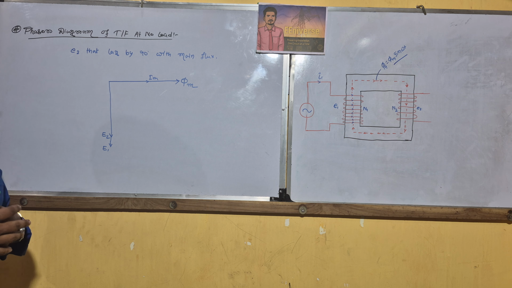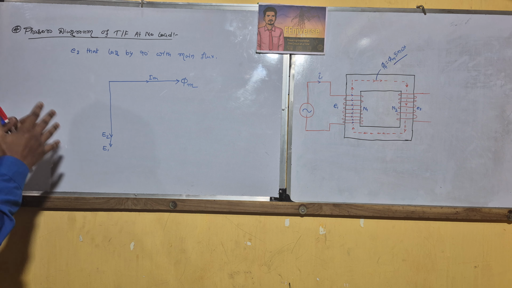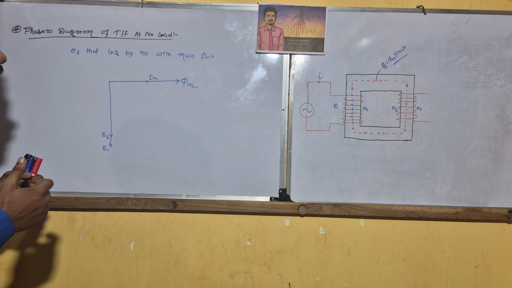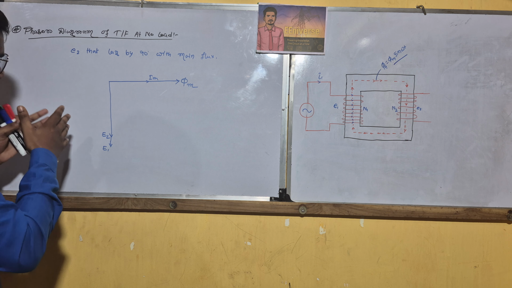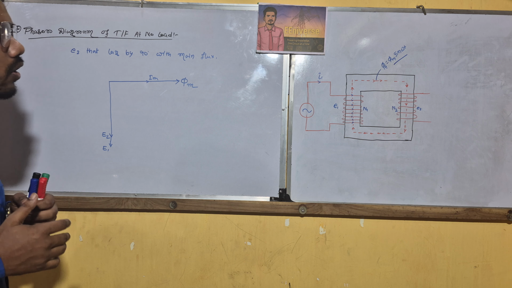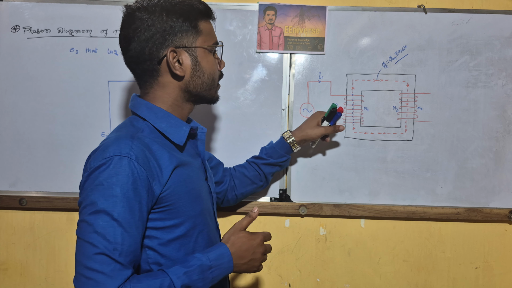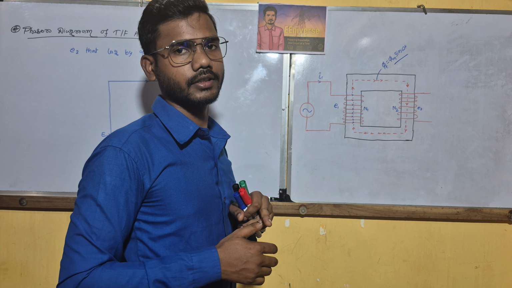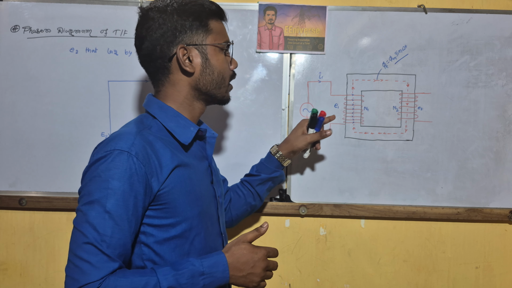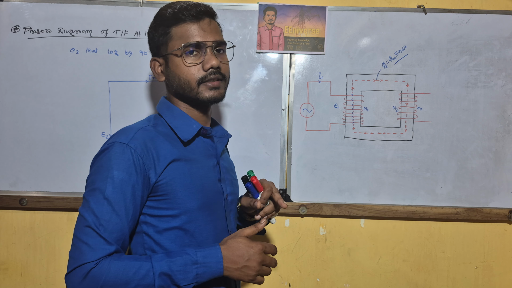So in this phasor diagram, we can see this is a step down transformer. Why is this a step down transformer? Because in our diagram we can see that the number of turns in the primary side is more than the secondary side.